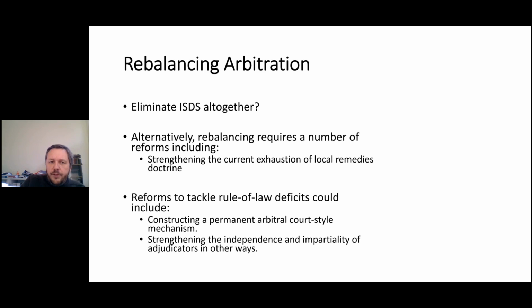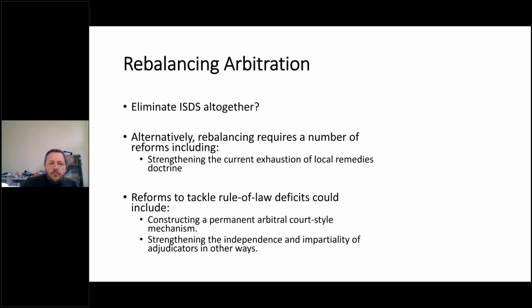So to get rid of the whole idea and system where an investor can bring a state in front of an international tribunal. And that's actually a position taken by some countries like India and South Africa, which propose that all of these types of disputes have to be handled in domestic courts and not on the international level.